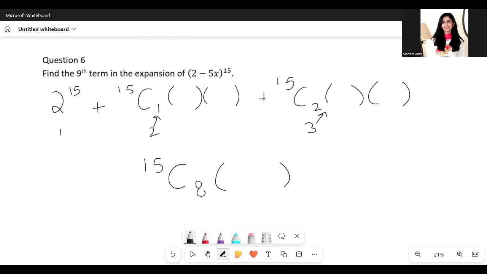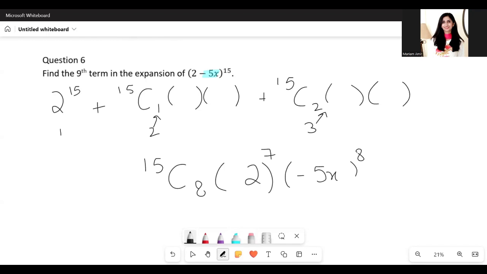And now let's enter everything else in the other two brackets. So A is 2 here, and the power is going to be the difference of 15 and 8. That is going to be 7. And then the second bracket, the B, is minus 5x. Please do not forget the minus. Minus 5x, and the power is the lower term.